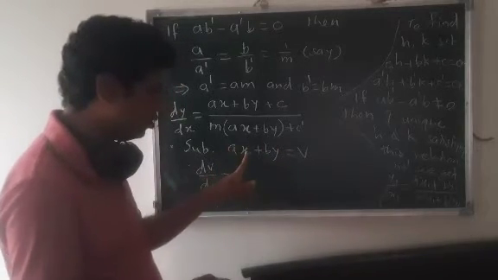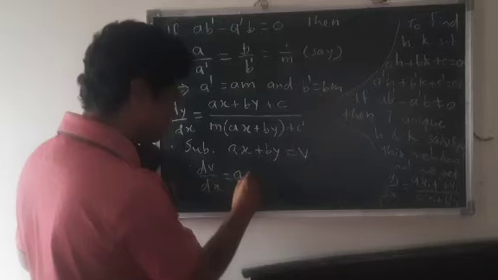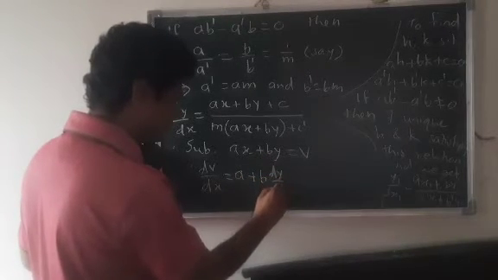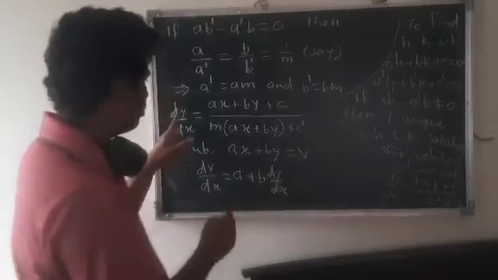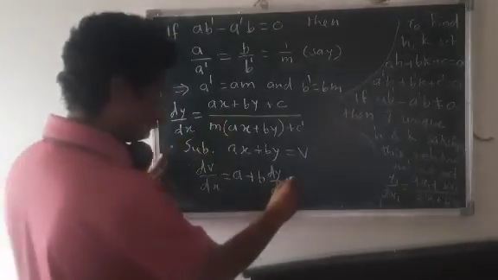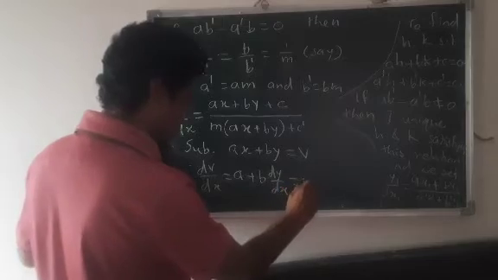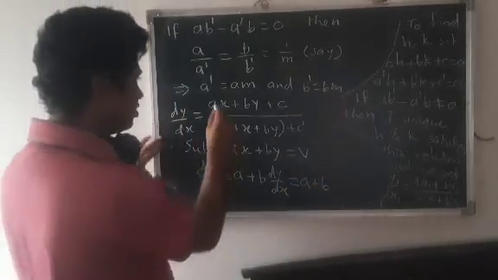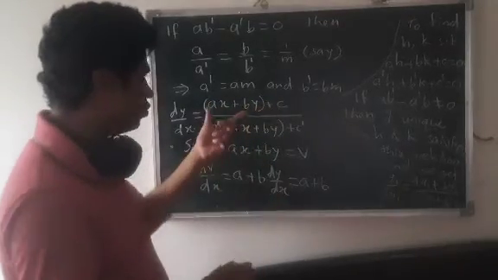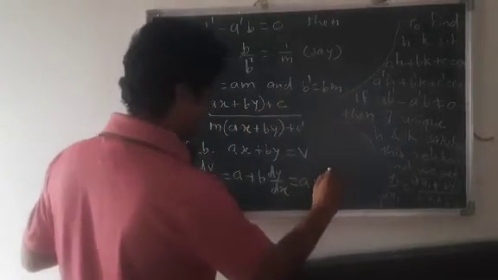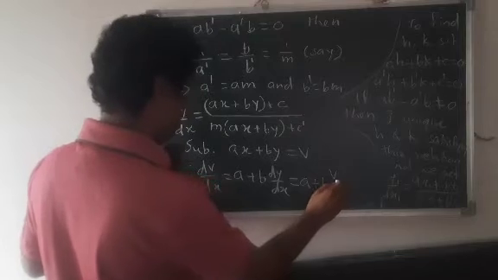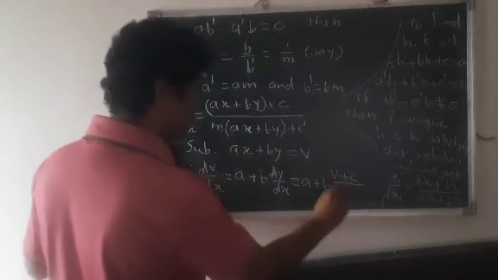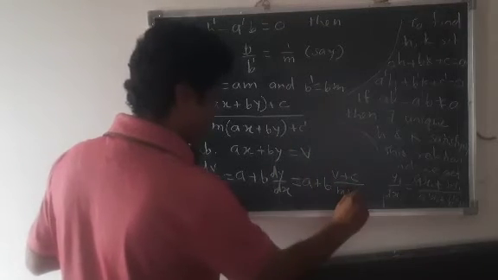It is a into the derivative of x, that is 1, plus b into the derivative of y, and now dy by dx is this one. So this is equal to a plus b into dy by dx. So this term is v, so it is v plus c divided by mv plus c dash.